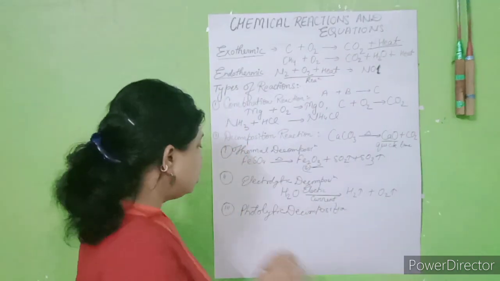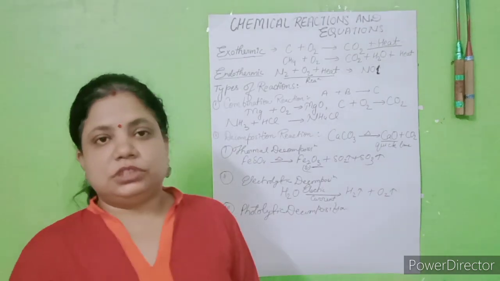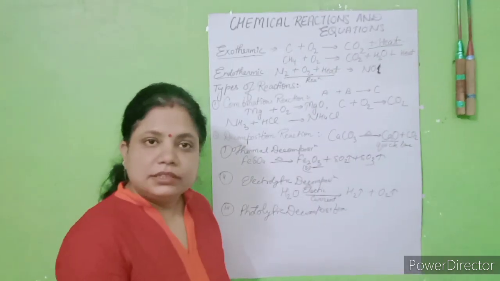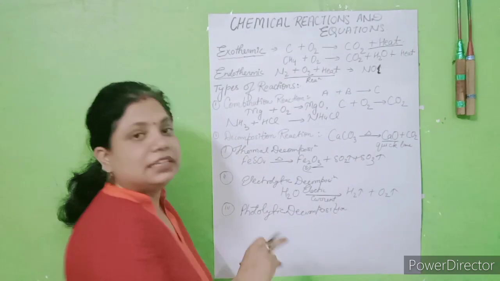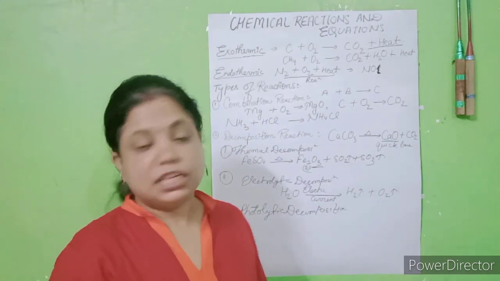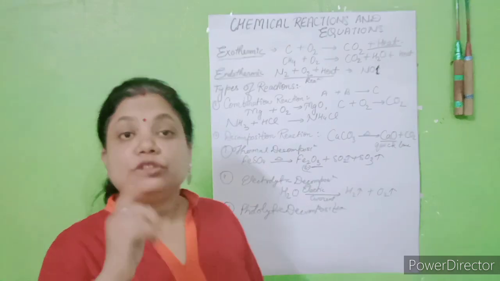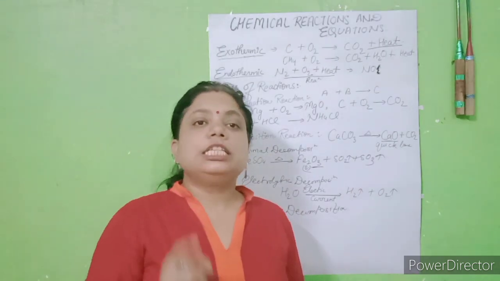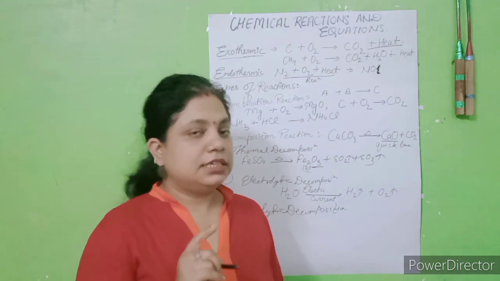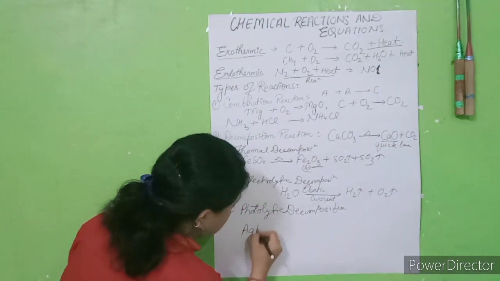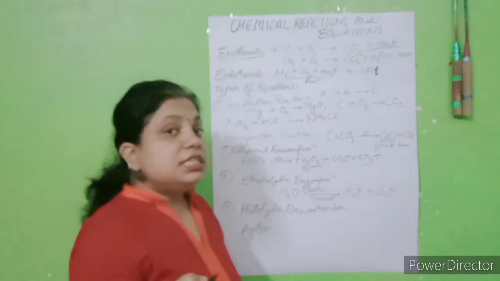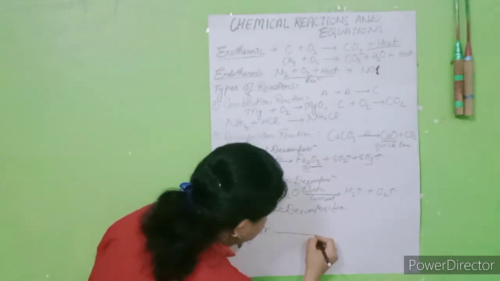Clear? Now students, photolytic decomposition. Photo means light. So those reactions which occur in the presence of light, that is sunlight. Photolytic decomposition are those reactions which occur in the presence of sunlight. Let's see the example. Suppose, students, that is AgBr, which is known as silver bromide.